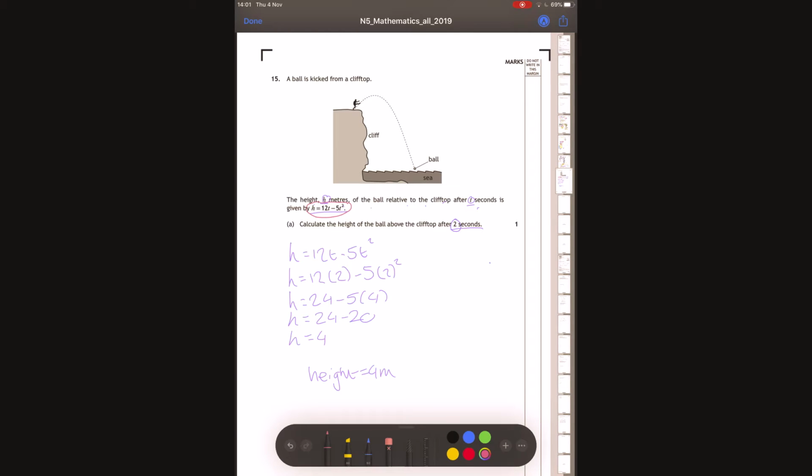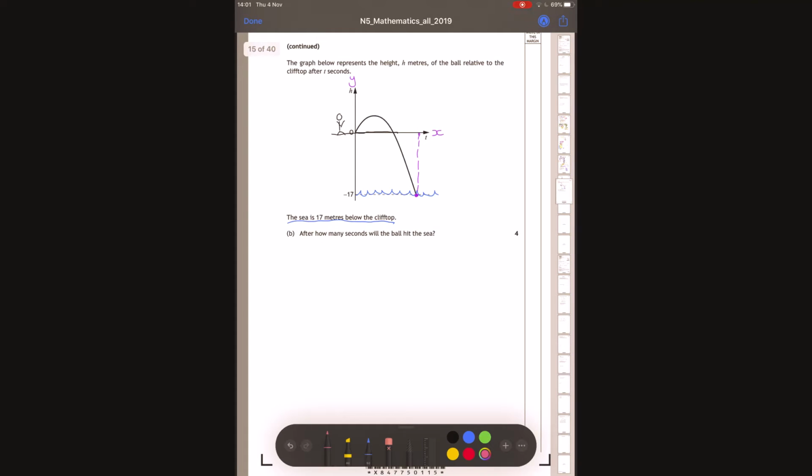Well, yes we can, because we have h. However, what is our y value? Well, we know it, because this is the point we're trying to find if this was a graph. And then we have negative 17. So, you can just think of it like this. When h is equal to negative 17, well, it's quite easy really. When y is equal to negative 17, what is x?